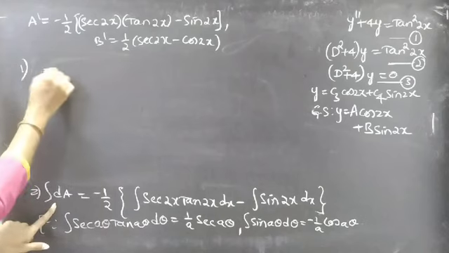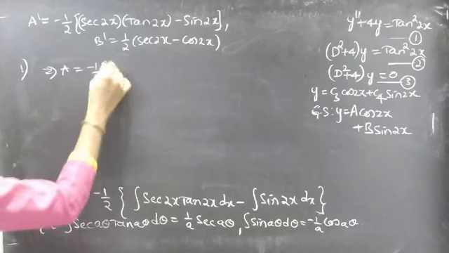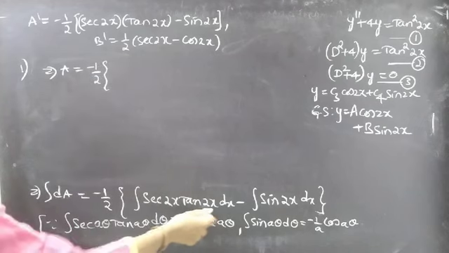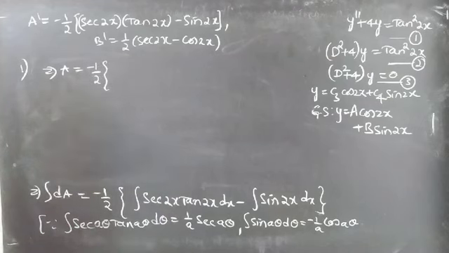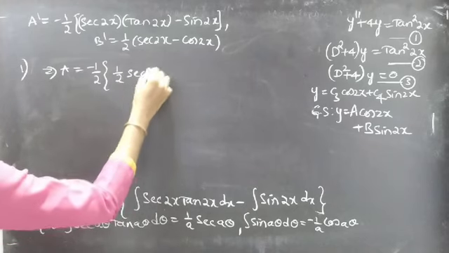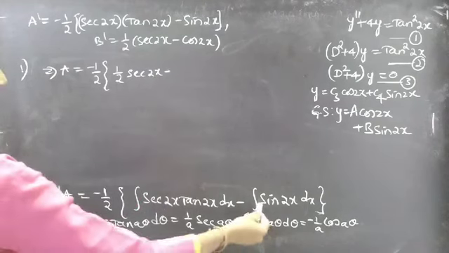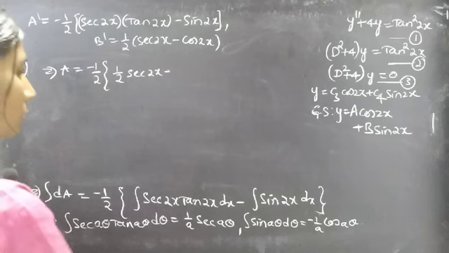This becomes A equals minus 1 by 2 into integral secant 2x tan 2x dx. For a equal to 2 we'll get 1 by 2 secant 2x, minus integral sin 2x dx.